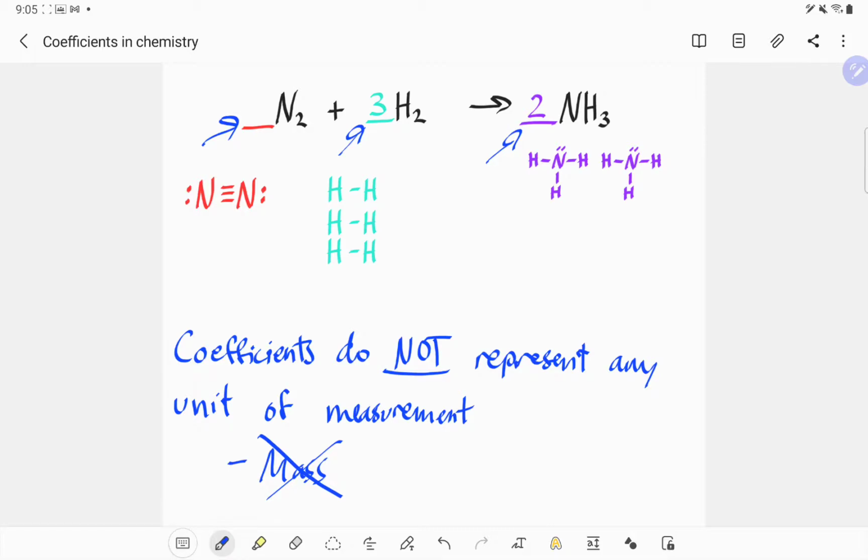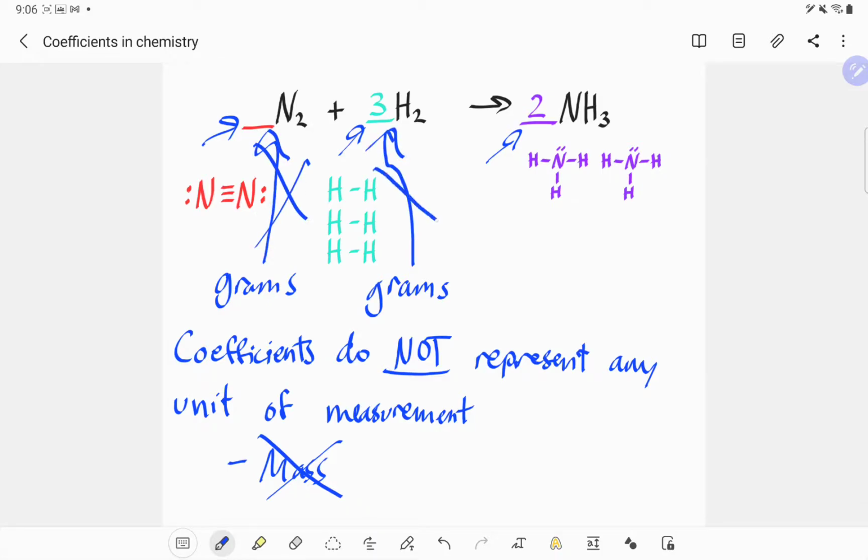So if I tell you that I have a certain number of grams of N2, and I have a certain number of grams of H2, I could not just plug the numbers into here. I would have to convert them into a unit of measurement that the coefficients do represent, like moles.